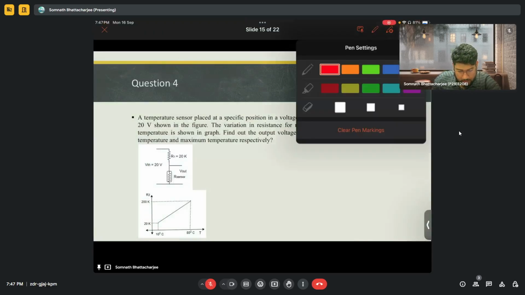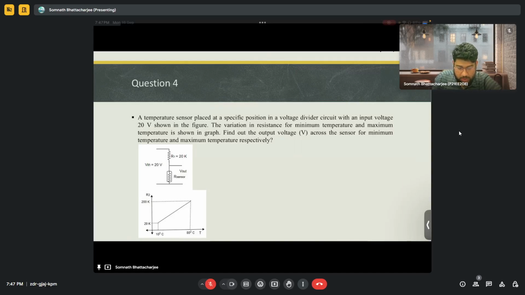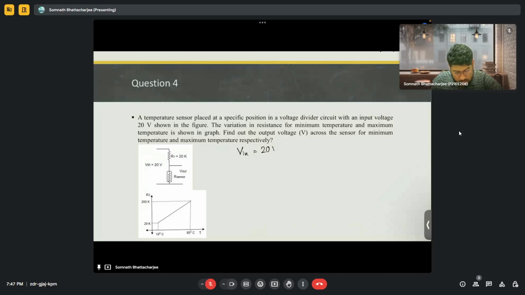And after this question, I'll take a break for 2 minutes, and you can just try to solve it. Okay. So a temperature sensor is placed at a specific position in a voltage divider circuit with an input voltage V input of 20 volts. The variation in resistance for the minimum temperature and the maximum temperature is shown in the curve.